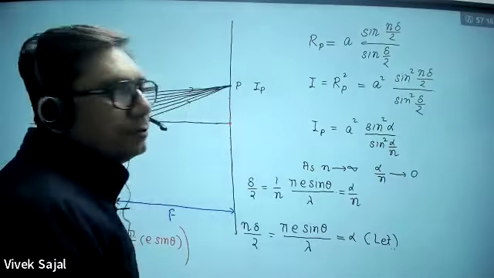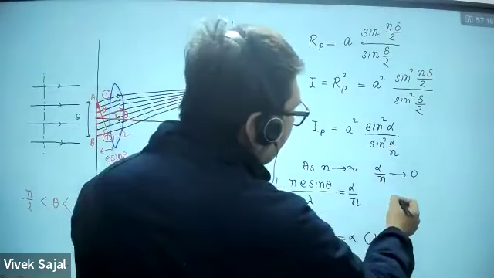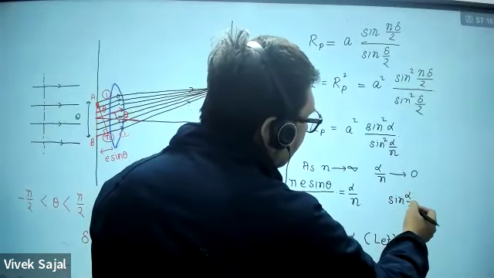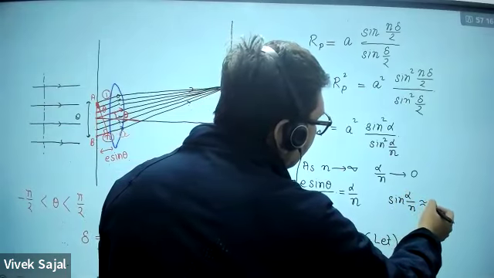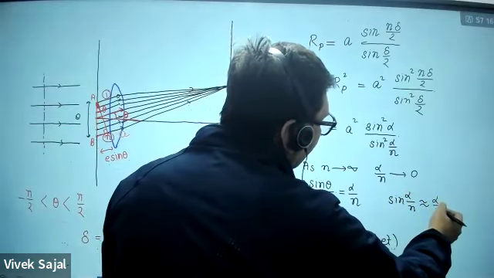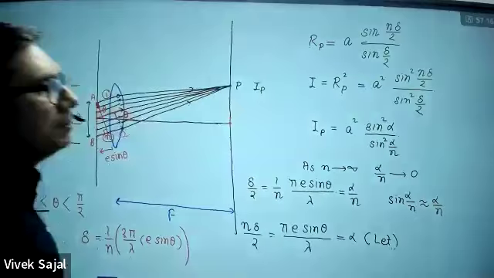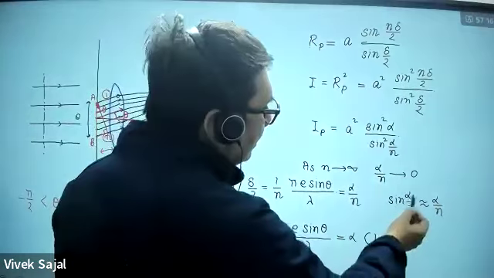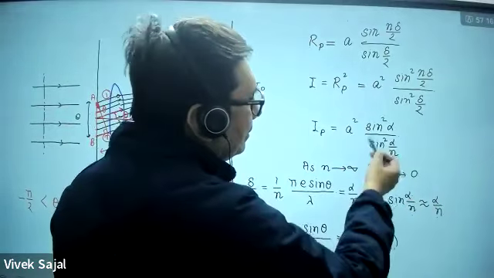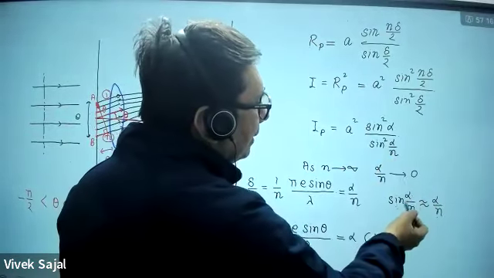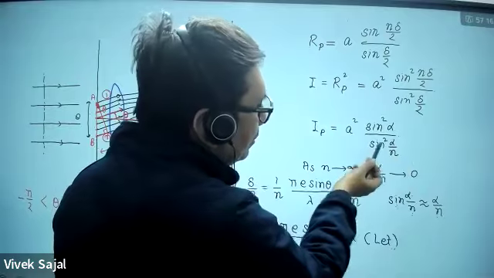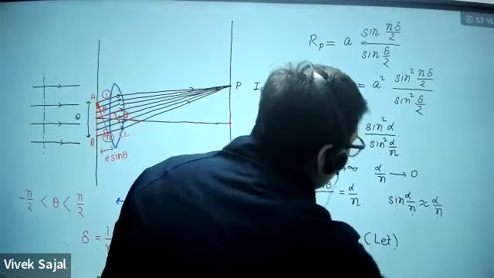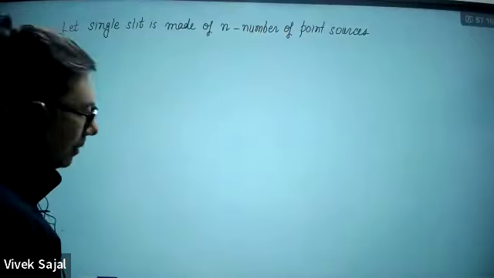When it is tending to 0, sin alpha by n in radians can be approximated to alpha by n. So substitute this value of sin alpha by n here. So this will be alpha square upon n square.